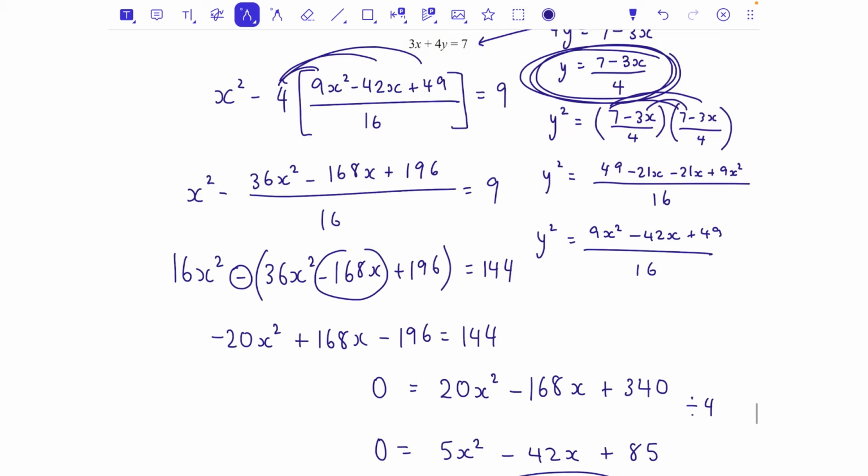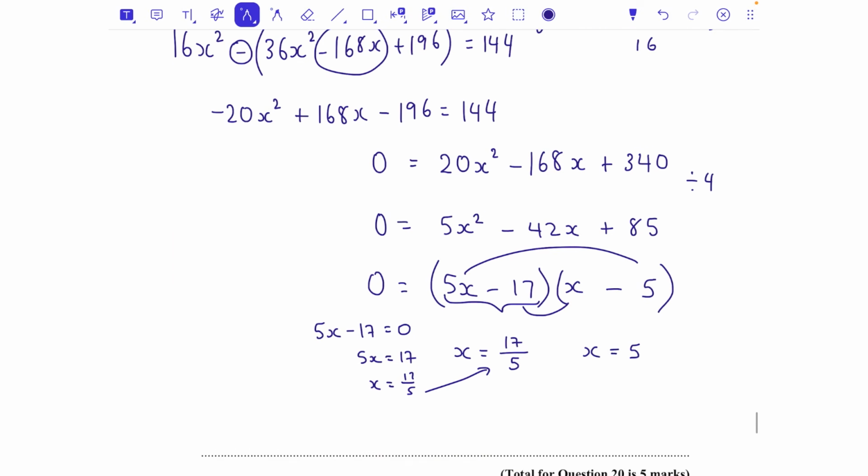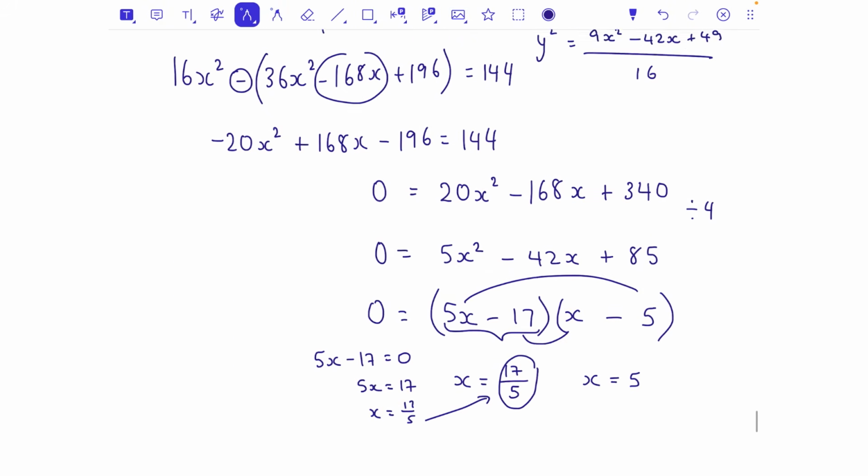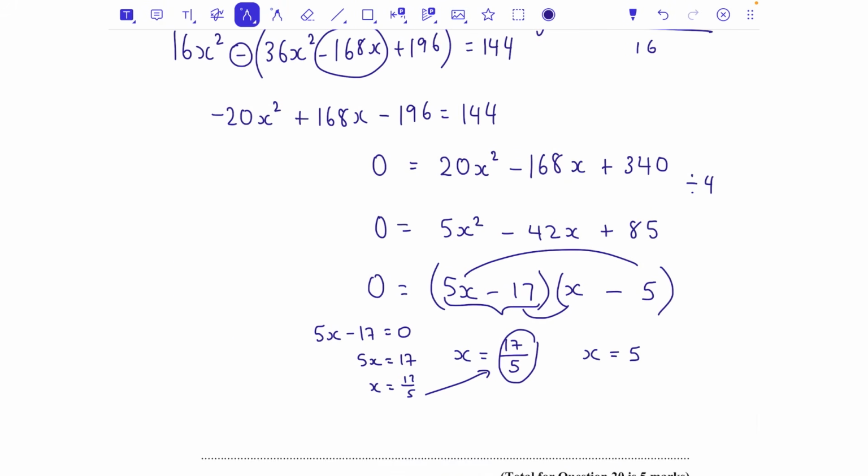So I know the first value of x is 17 over 5. So in my calculator, I'm going to pop this equation, but I'm going to put that value of x in. So using my fraction button, 7 minus 3 lots of 17 over 5, all divided by 4.